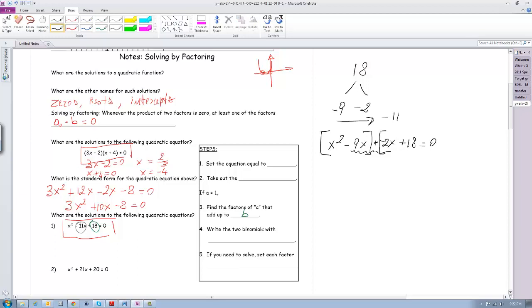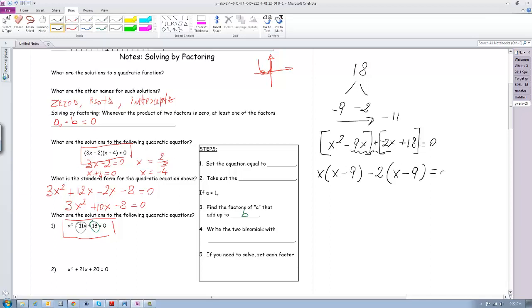If I can split my trinomial into different parts, I can simplify this by writing the first part as x multiplied by x minus 9, and in the second part I can see that I have a 2 in common, so I could write minus 2 multiplied by x minus 9.